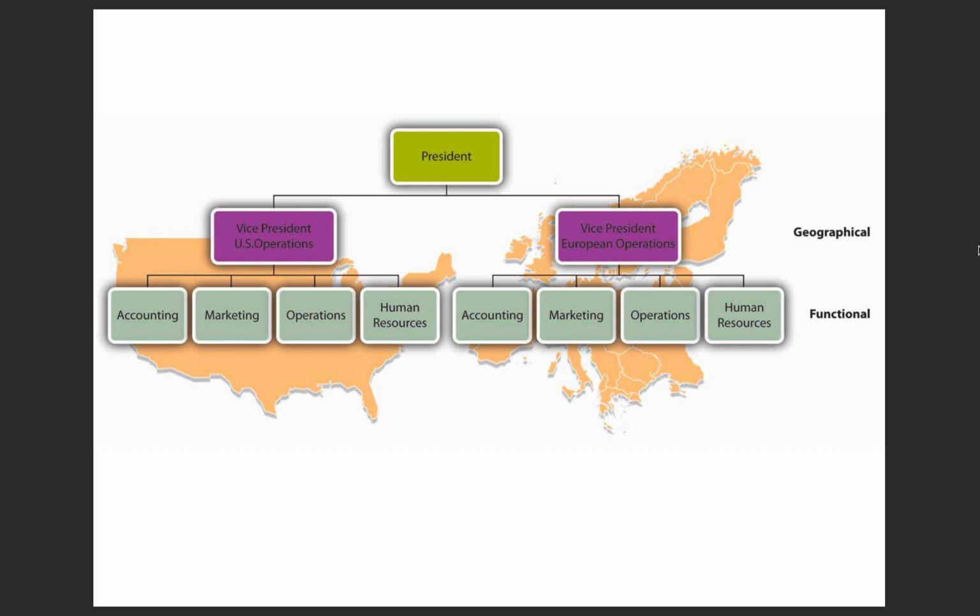So this would be represented in a pyramid or a flowchart where there is a clear difference between the levels of hierarchy, where the president is on the top, and then in the middle there are vice presidents that are responsible for the managers that are responsible for accounting, marketing, operations, and human resources.